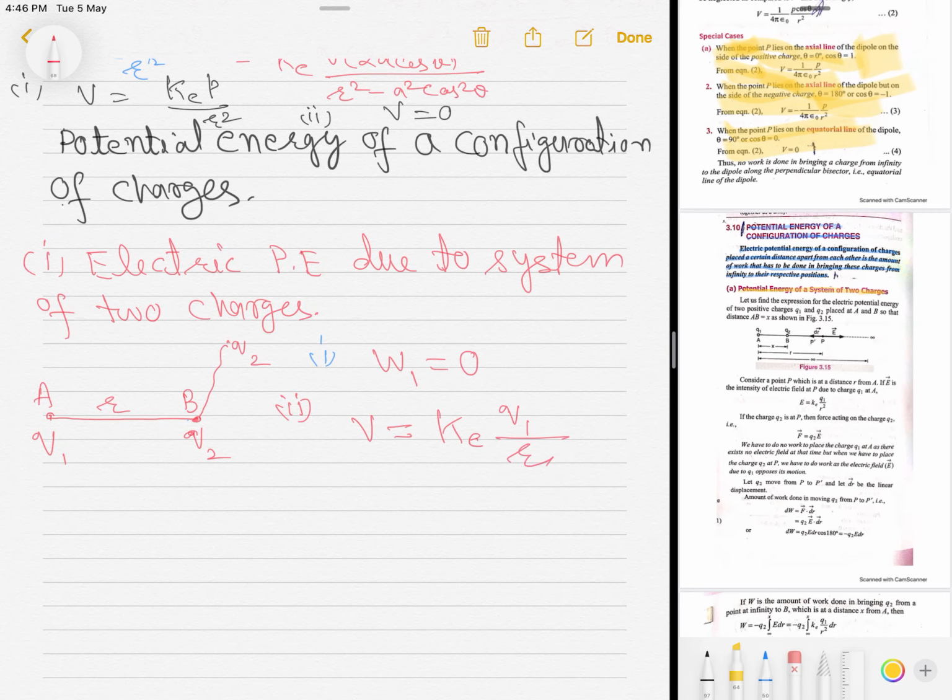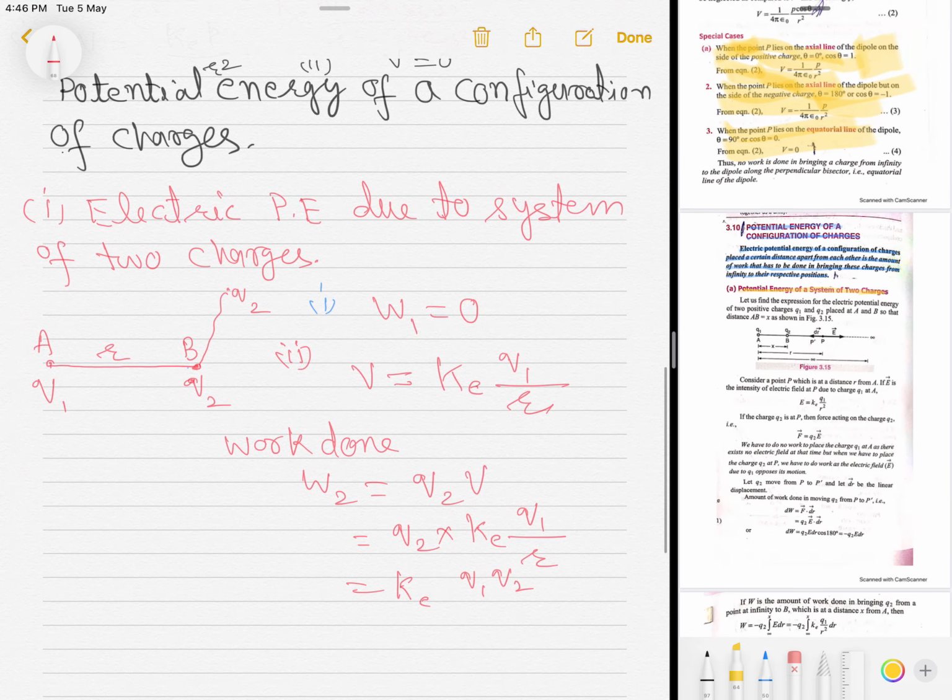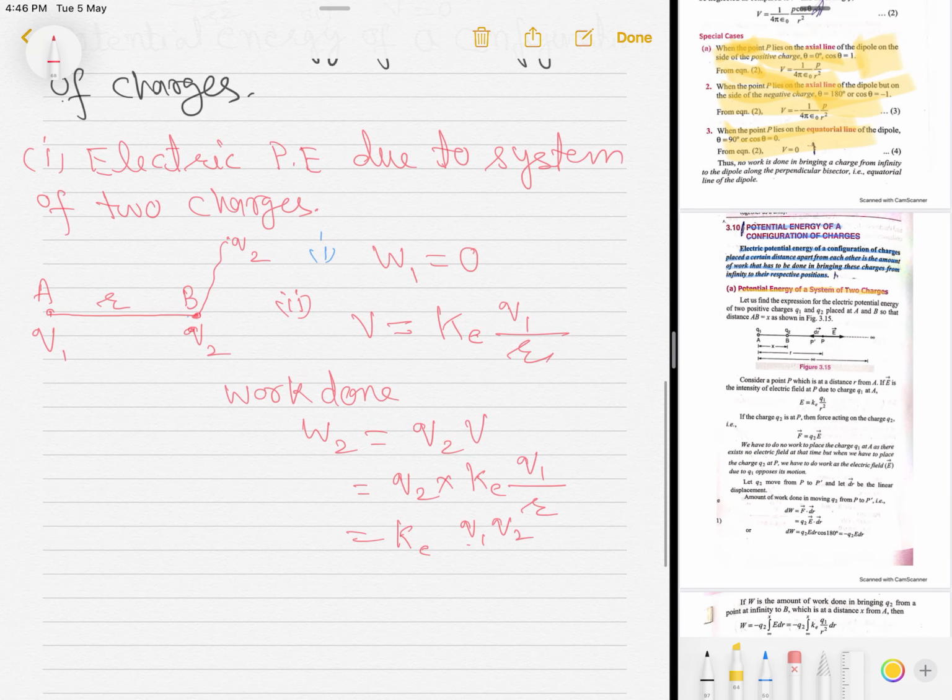So, work done W2 is equal to q2 V. So, q2 into Ke q1 by r, we get Ke q1 q2 by r. Here Ke is equal to 1 upon 4 pi epsilon naught.